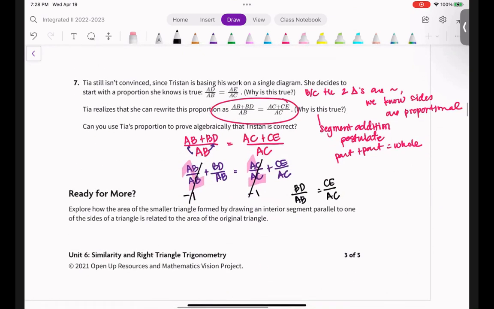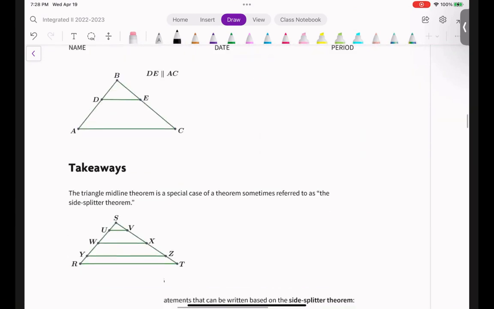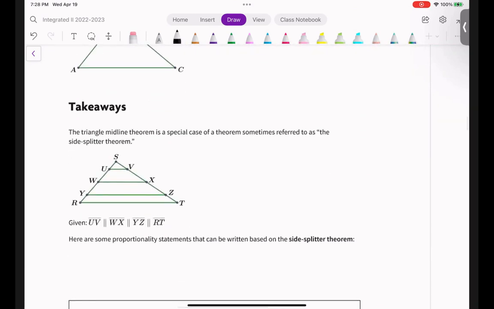Okay. So let's go over our takeaways so that you guys can move on to your ready, set, go and your exit ticket. It says the triangle midline theorem is a special case of a theorem sometimes referred to as a side splitter theorem.